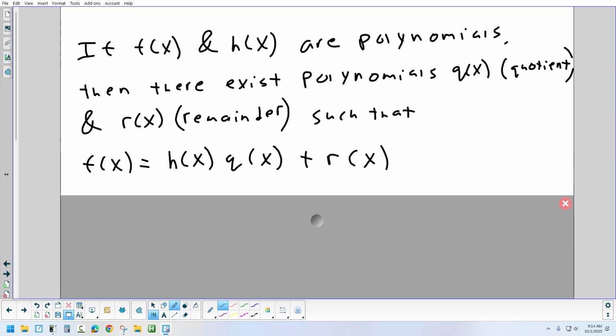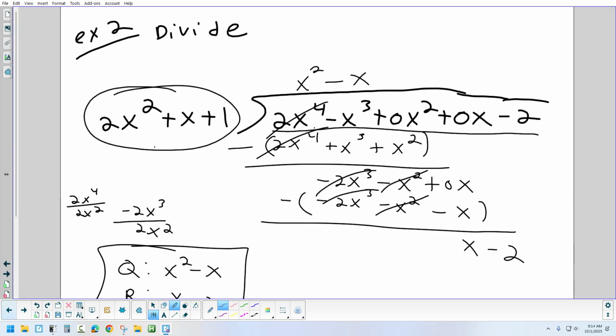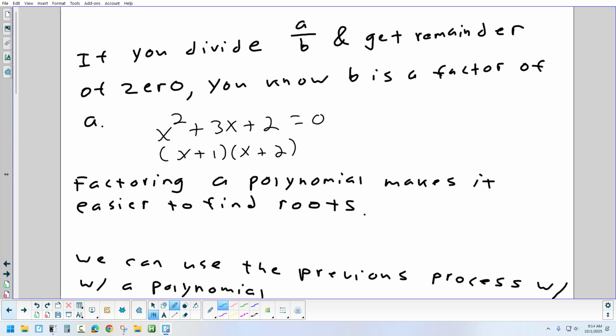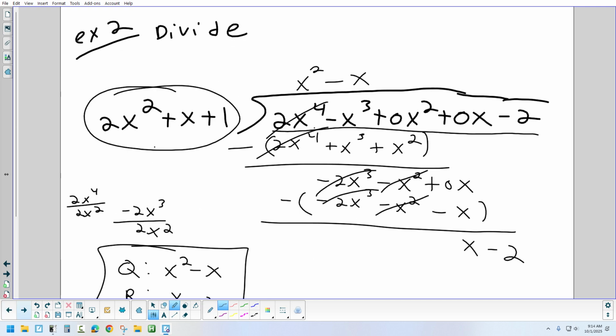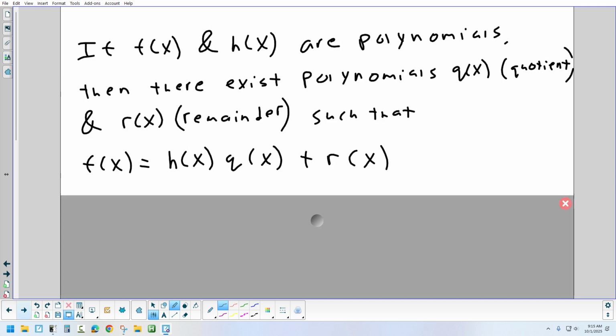All right, so let's look at this. I think it'll help if you think about it in terms of numbers. Let me use, what did I use before? 10 and 5 and 13 or something like that? Let's do those numbers. Just to keep it simple, let's say f of x is the number 13 and h of x is the number 5.